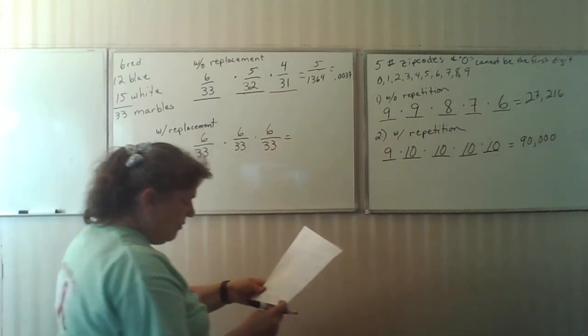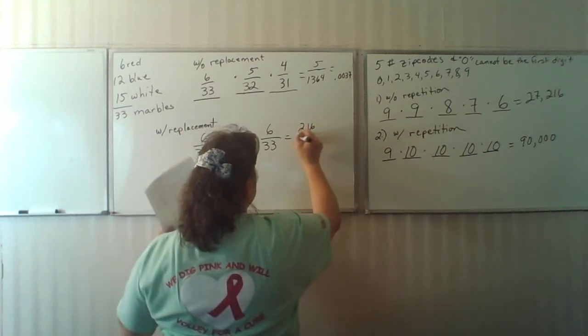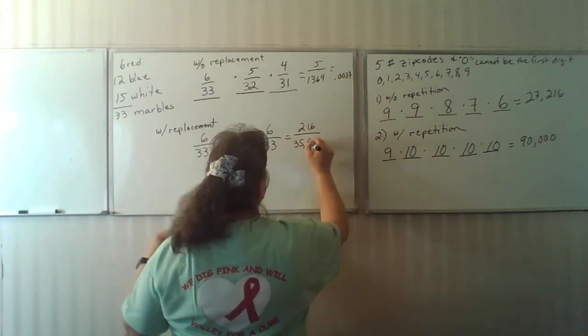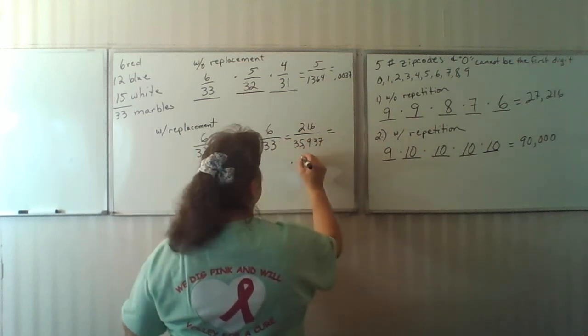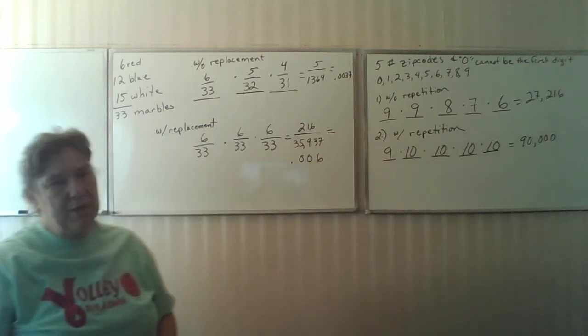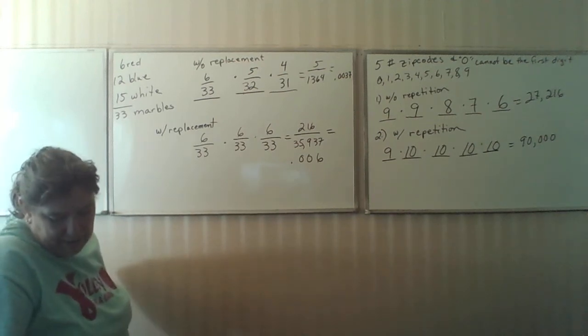And this is going to equal 216 over 35,937, which is equal to 0.006. So as you see, there is some difference there as to the probability of drawing these.